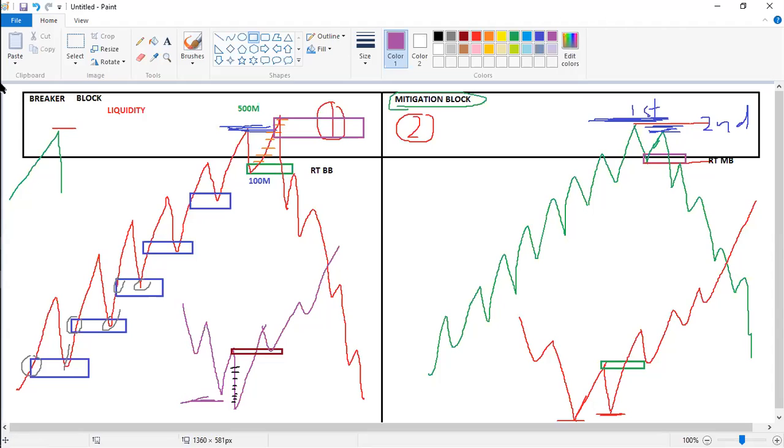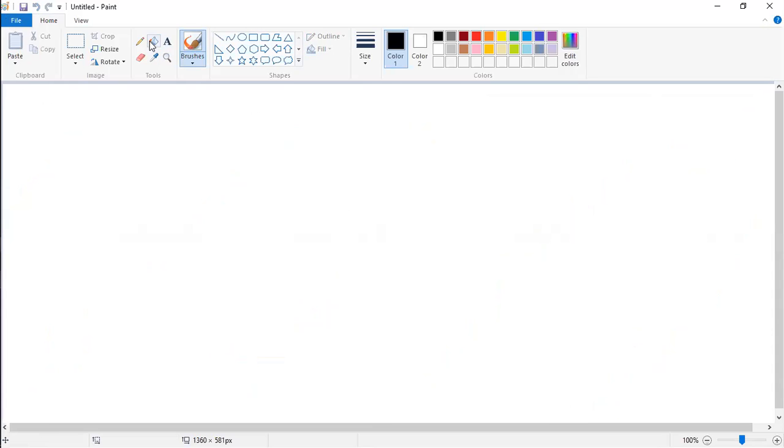But there are times where price will return to the breaker and also the order block. So this was a higher high, higher low.